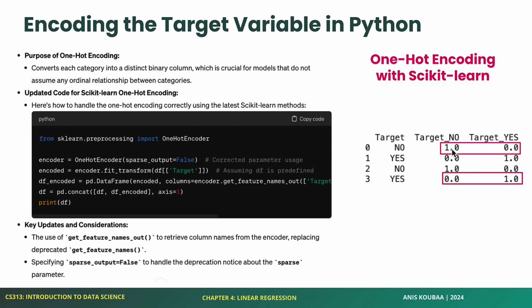The vector will be of size 2. The first column is for no and the second column is for yes. So if you have a no, the first value will be 1 and then 0, and the opposite for yes. So this will be the output. We concatenate the target and we concatenate the df encoded. So these are the encoded vectors.